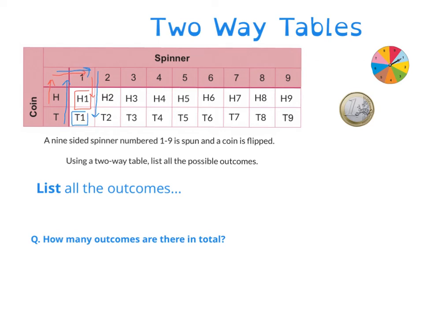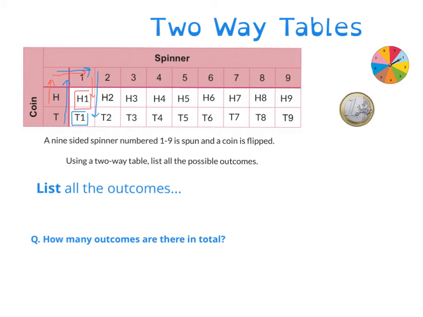And you will start to begin to see a pattern emerging. T1 then becomes T2, T3, T4 and so on. And in the exact same way we have H2, H3, H4 and so on again. Each white box are all the different types of outcomes. And in a question, you need to list all of these outcomes after you've completed your two-way table.